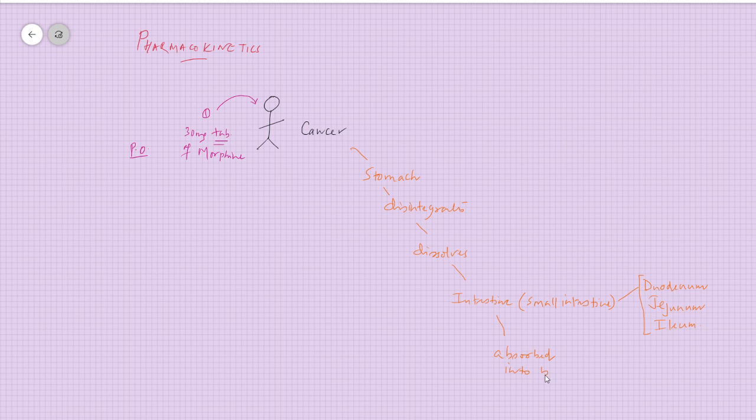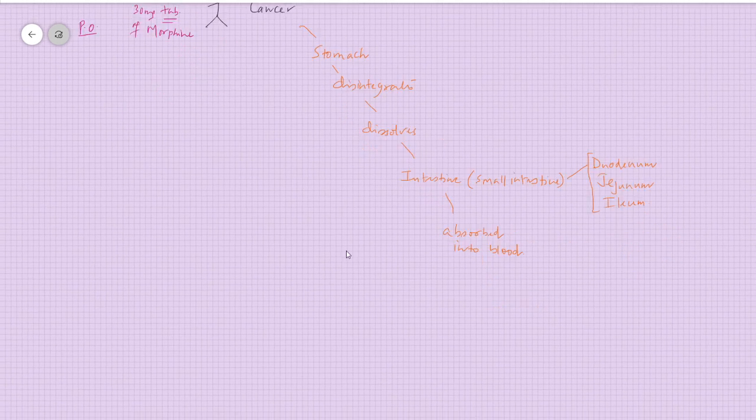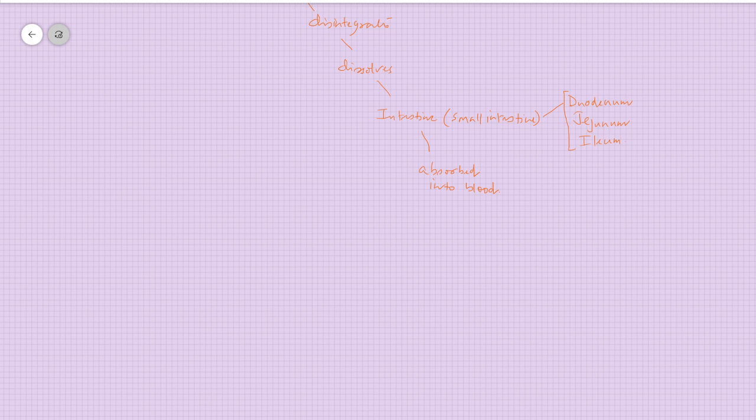Into blood. After it gets absorbed into the blood, it gets transported. So it gets absorbed into blood, then it enters the systemic circulation, meaning it goes into the liver. In the liver, some part of it gets metabolized, and then it comes back to the blood.